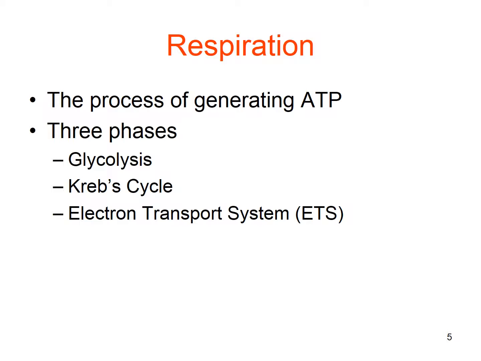So we're not going to learn all 50 steps by any means, but we do need to know these 3 general phases. First one is called glycolysis, which refers to the lysis or breakdown of sugars. Then we have the Krebs cycle, named after Dr. Krebs, who got the Nobel Prize for figuring this out. And then the third one is called the electron transport system.